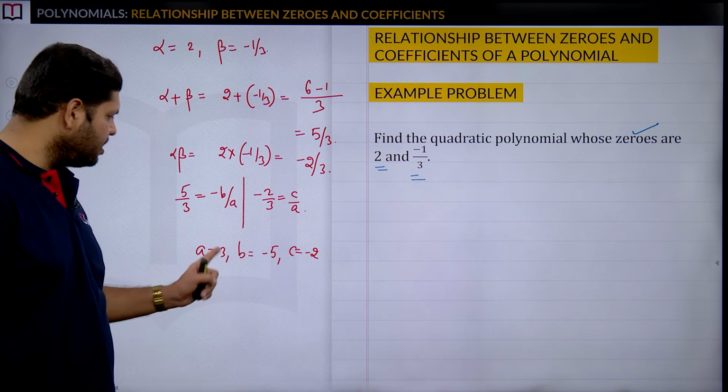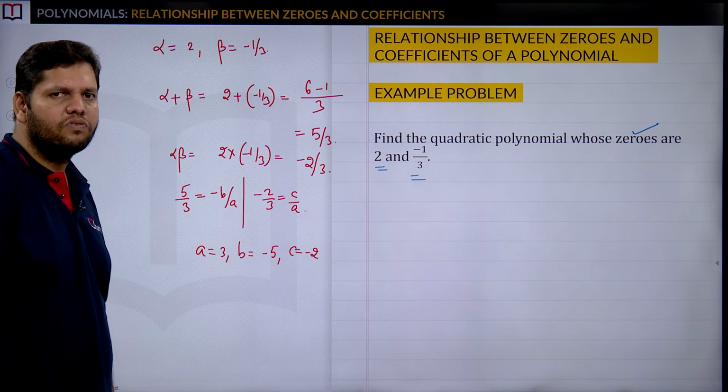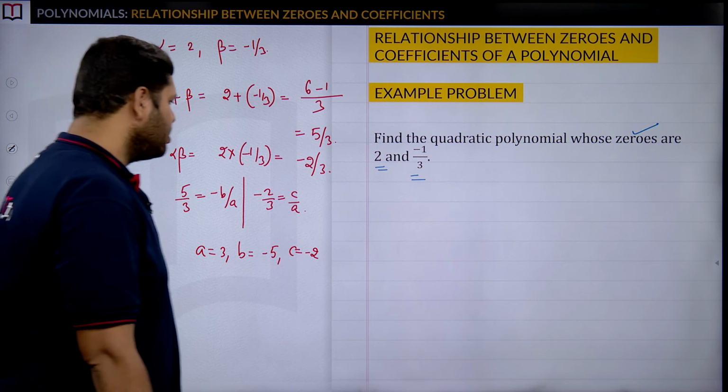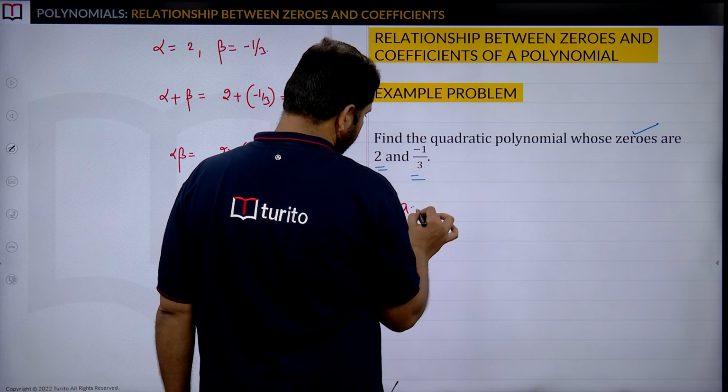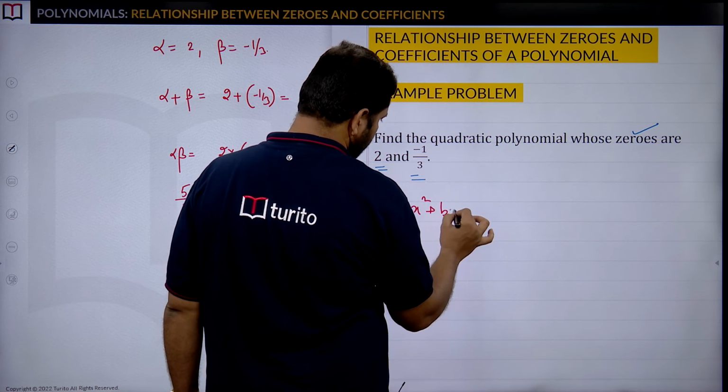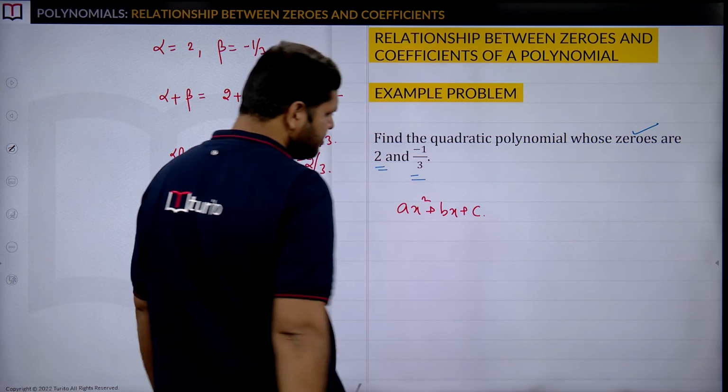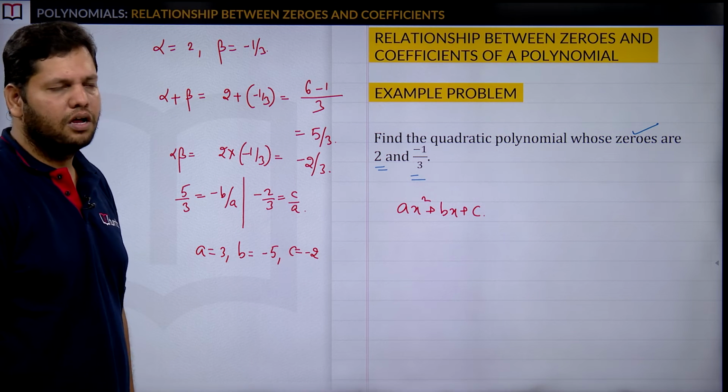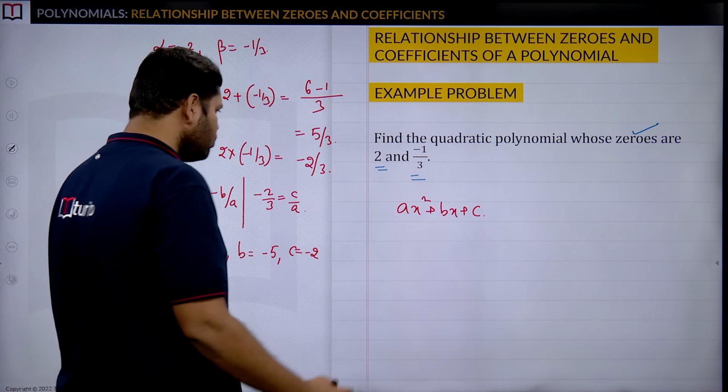So a value is 3 and b value minus 5 and c is equal to minus 2. Then what is the quadratic polynomial? This is ax² + bx + c. That is the quadratic polynomial. Now children, substitute the values here. Here a is equal to 3.